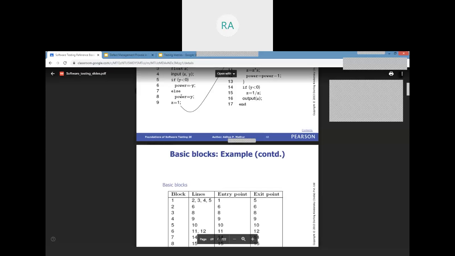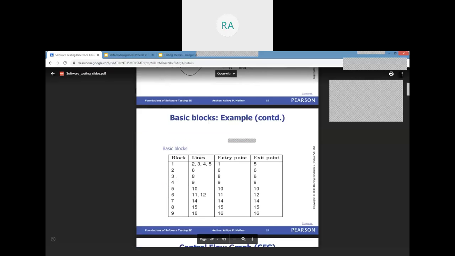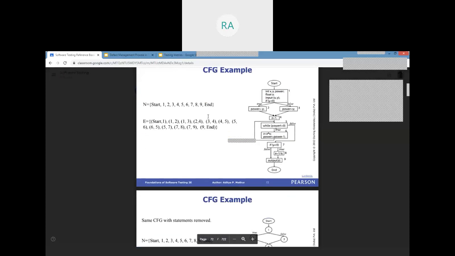That is, I can move from block number 1 to block number 2, or block number 1 to block number 3. The same thing they have written over here. If it is true, it moves to block number 2. If it is false, then it will move to block number 3.